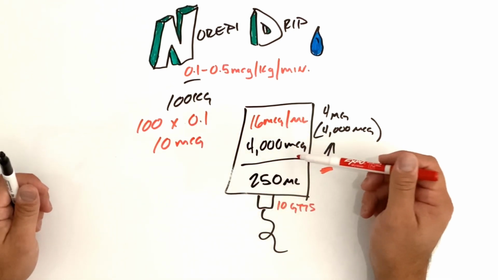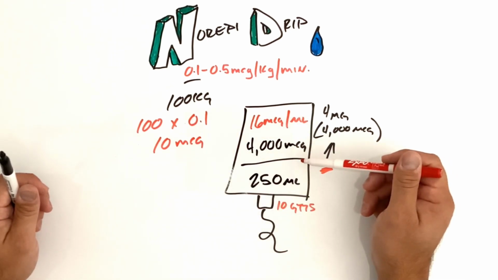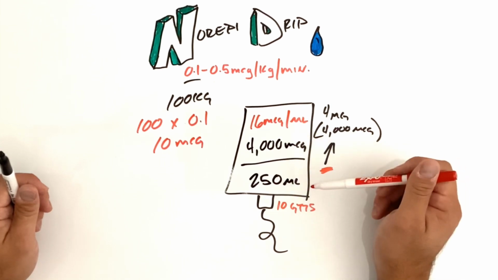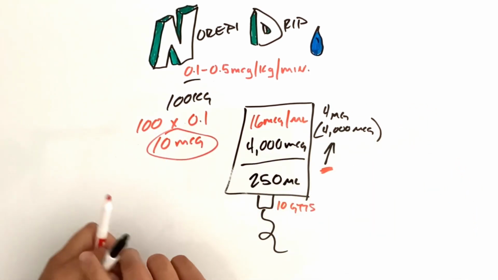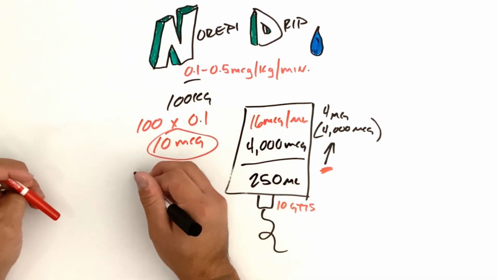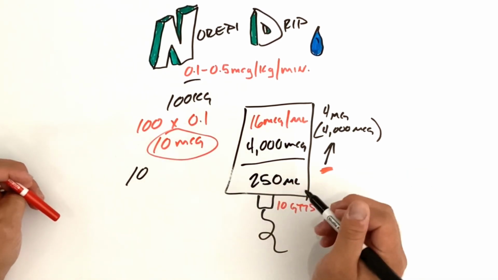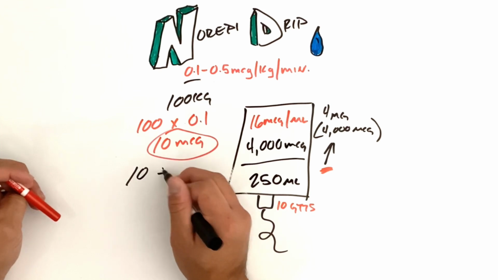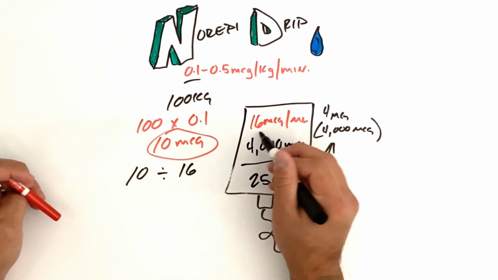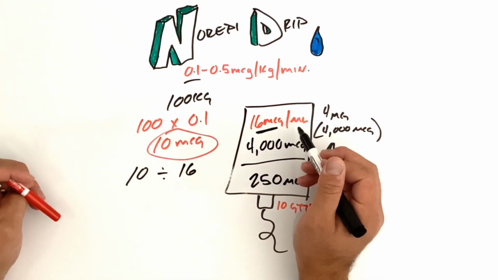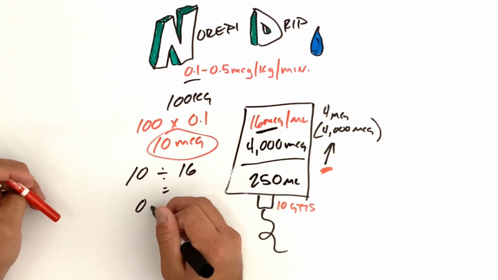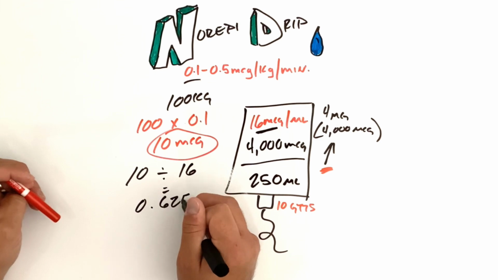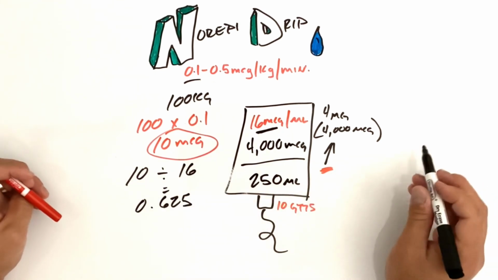The only thing that's changing is the amount of volume that we have and that our concentration went up. So we're still trying to achieve our 10 mics, okay? So the only difference is now we're going to take our 10 micrograms and divide by 16 because our concentration changed. So our 16 mics, that's going to give us 0.625, a little bit different.